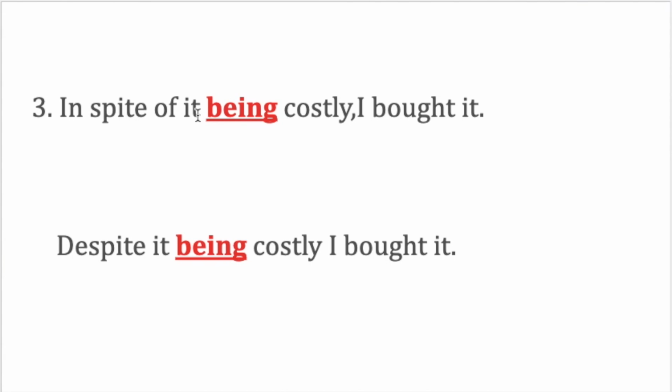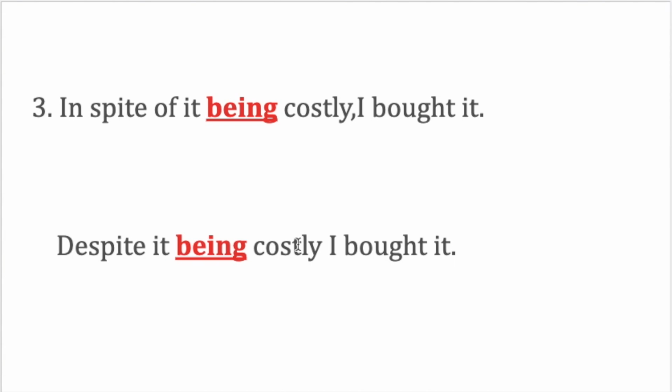In spite of the pen being costly, I bought it. In spite of it being costly, I bought it. So you're talking about the characteristics of the particular thing or person. You're not talking about the person owning something. When talking about the person himself, his characteristics or his quality, or maybe some kind of profession, you use being.